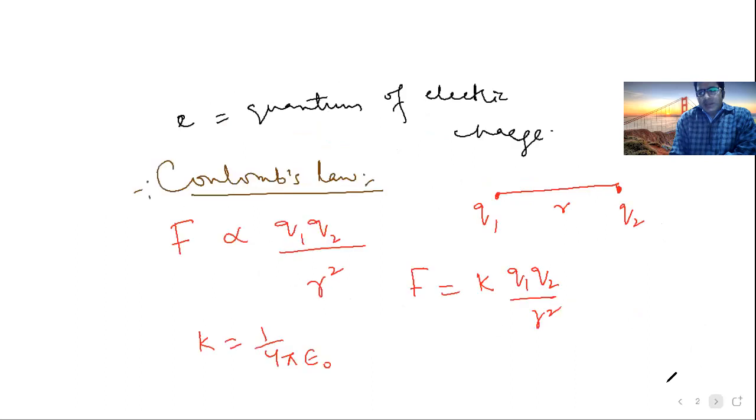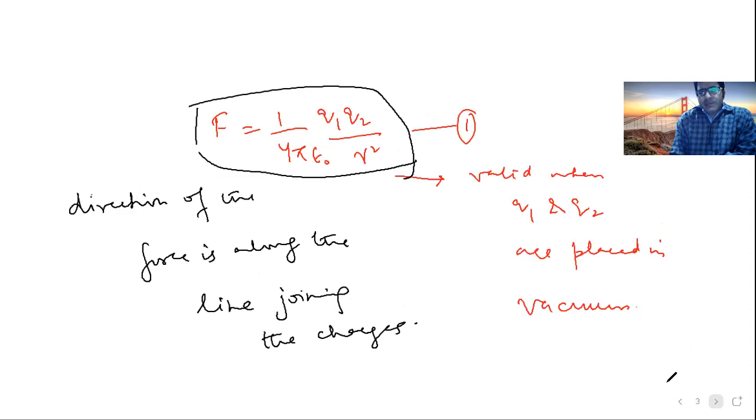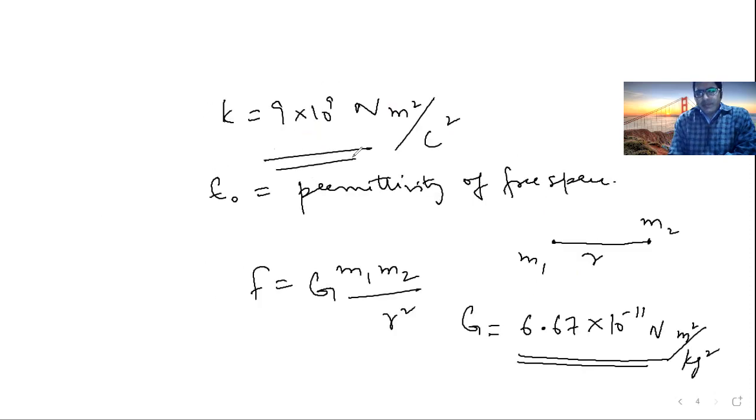K is 9 into 10 raised to 9 Newton meter square per coulomb square. But this is 6.67 into 10 raised to minus 11. So you need to remember this. That indicates that the gravitational interaction is very weak compared to electrostatic interaction, right?